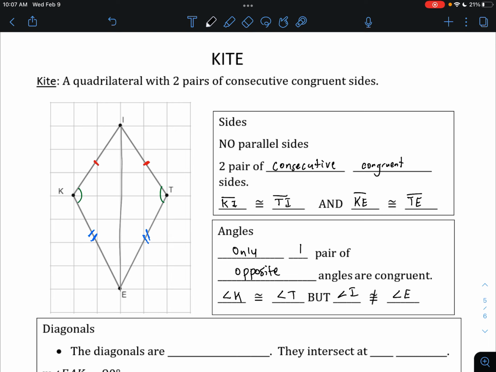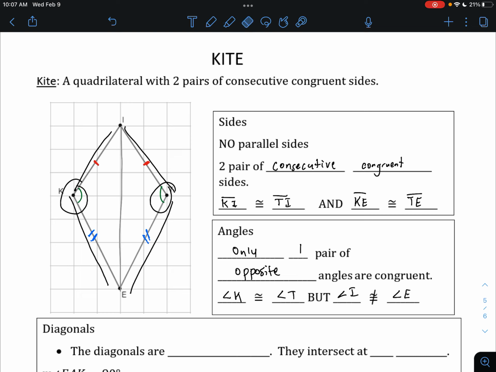So these two sides are different, they're different lengths, and this angle lies between them. These two sides are different lengths, and that angle lies between them. Those two angles are the congruent angles.